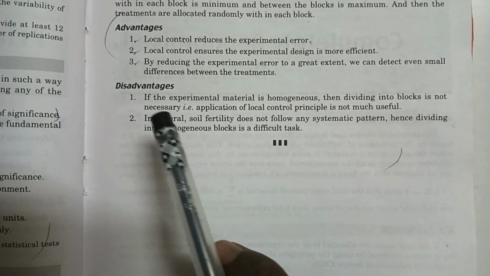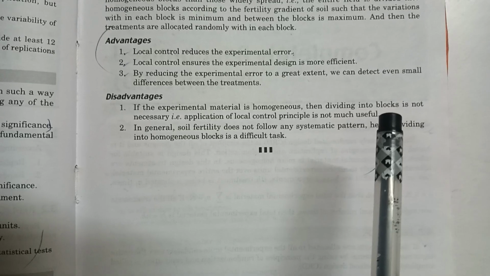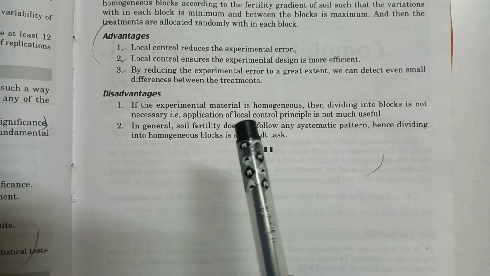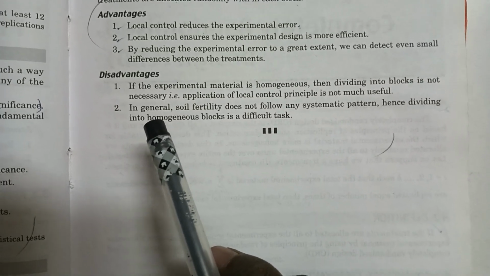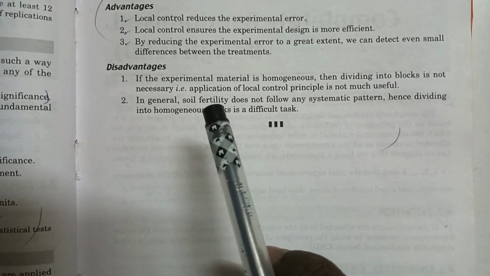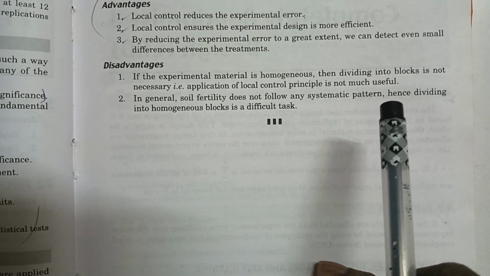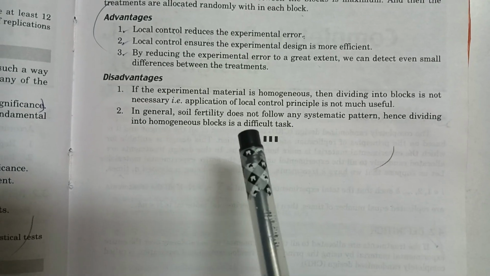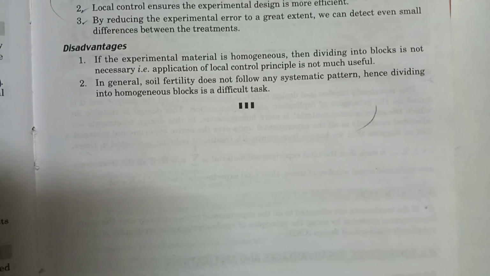If the experimental material is homogeneous, then dividing into blocks is not necessary, so the application of the local control principle is not much useful. And similarly, in general, soil fertility does not follow any systematic pattern, so dividing into homogeneous blocks is a difficult task. So these are some examples, advantages and disadvantages.